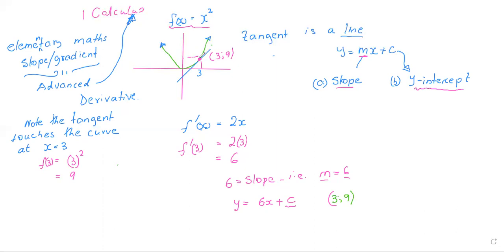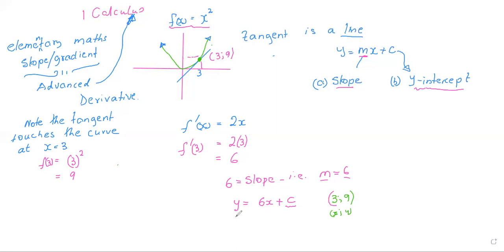Now, the coordinate 3 and 9 is on the parabola as much as it is on the straight line, which means 3 and 9 as a coordinate satisfies those two equations or those two functions simultaneously at this point here, at x equal to 3. So, this being the coordinate, this is x, and that is y.